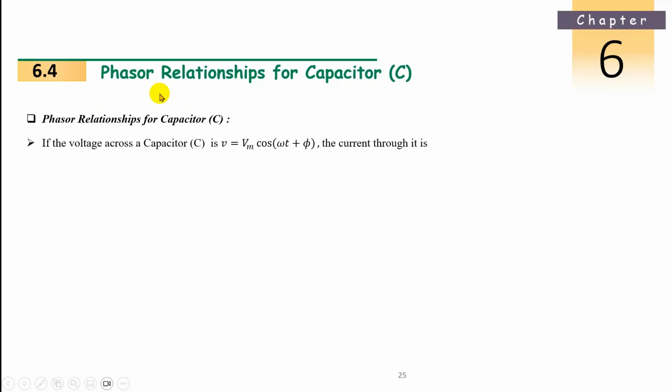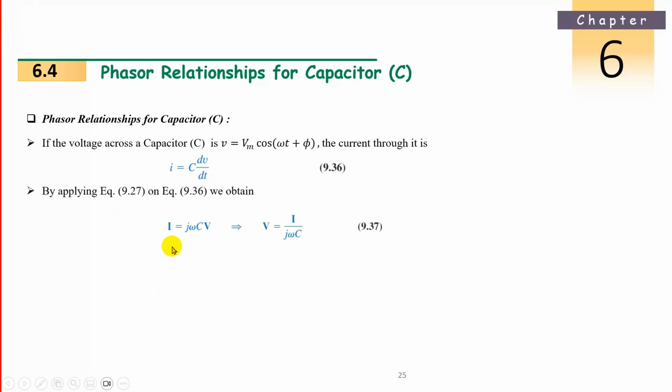So what is integral dt in the phasor? 1 by j omega. D by dt in the phasor, differentiation, is j omega. Integral dt in the phasor is 1 by j omega. So already 1 by C is there. Now it is 1 by j omega C multiplied by V. Also we can go with I equal to C dv by dt.